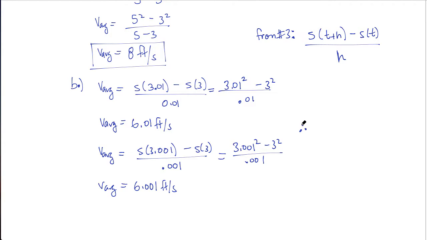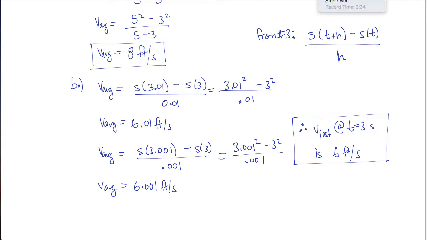Therefore, my instantaneous velocity at 3 seconds is very likely 6 feet per second, because these numbers are getting closer and closer to 6.